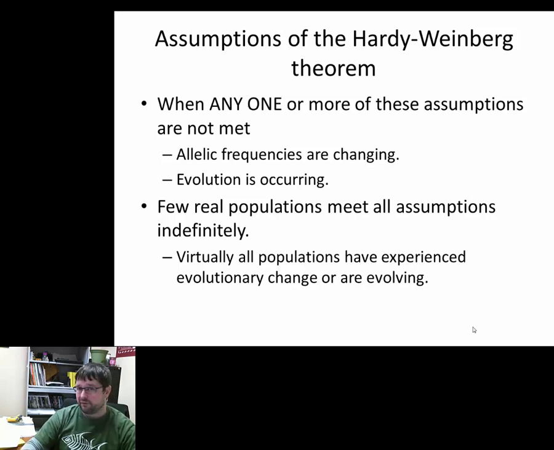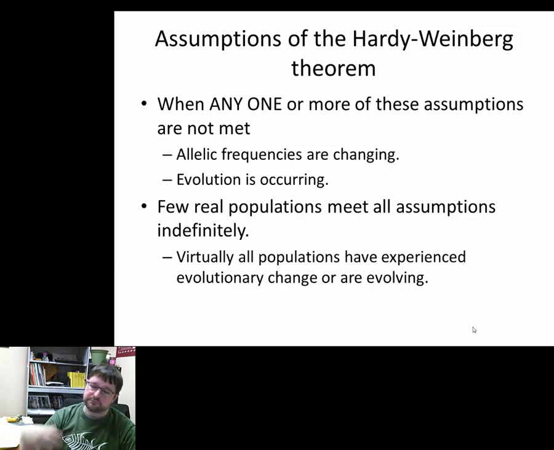Now, some of them might be stable now. They might be at Hardy-Weinberg equilibrium right now. But based on these characteristics, we know that every population has experienced evolutionary change at some point.